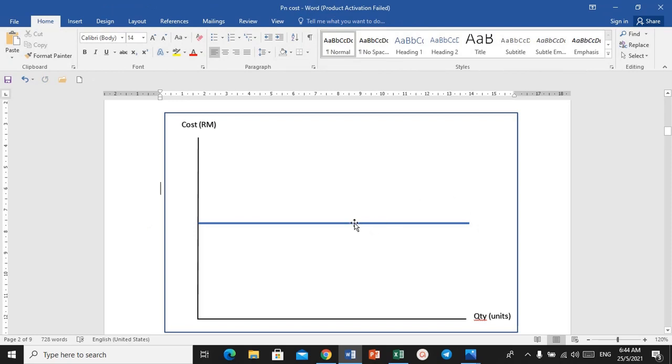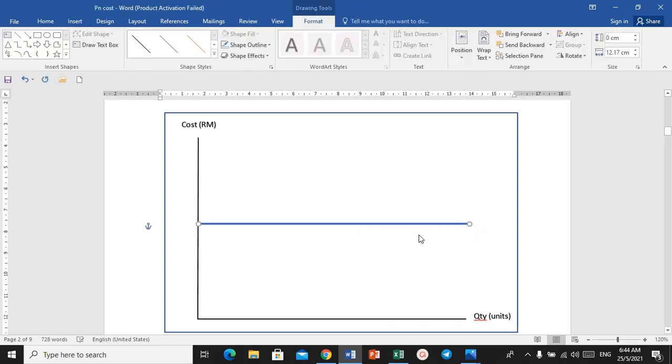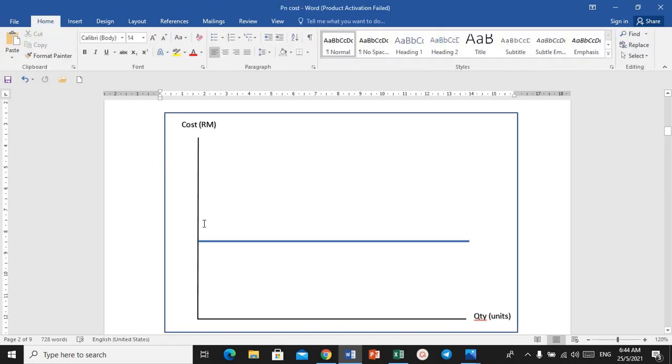You can start at any point that touches the cost axis. Is this the y axis or x axis? Saya tak tahu. I will let you remember that. This is the first line.